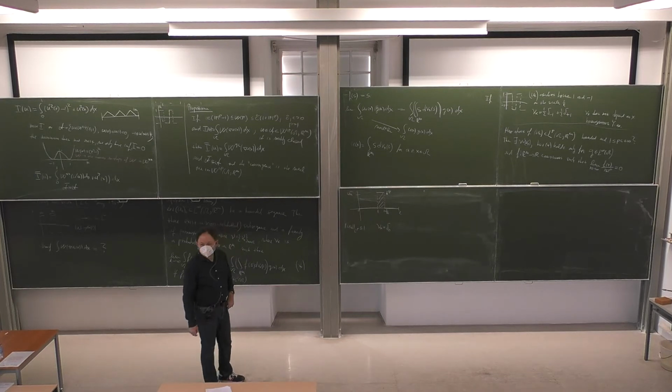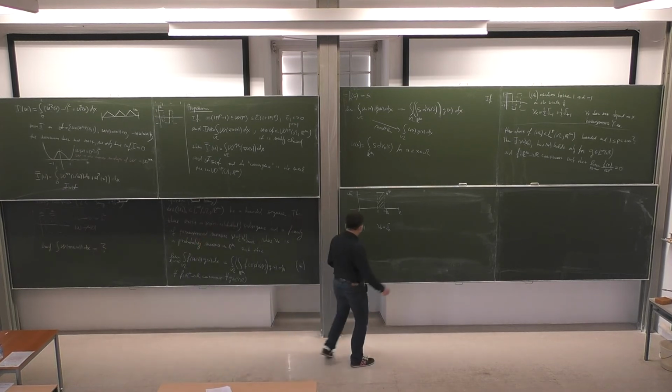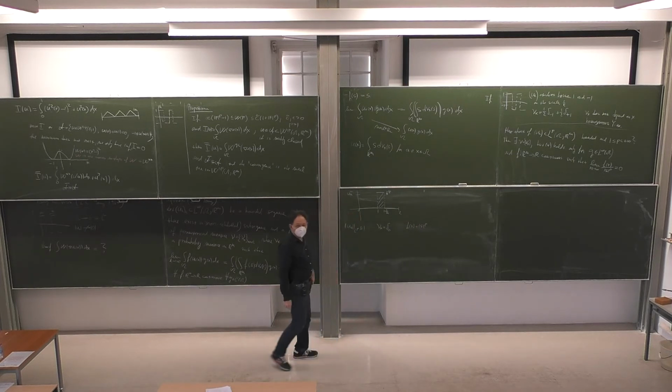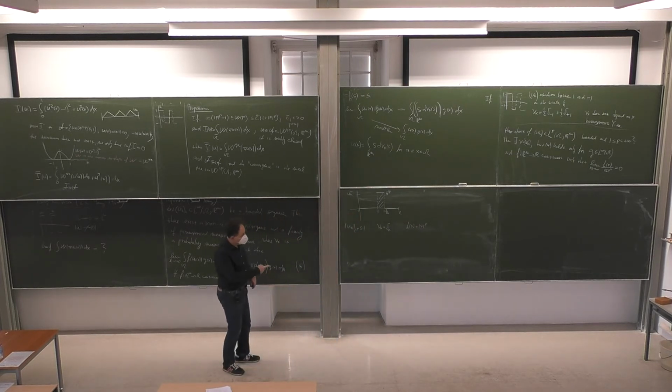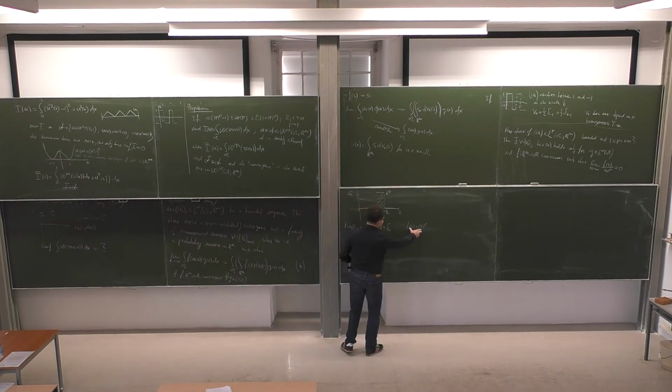No? Is it believable? But then, if I plug in my f of s equals s to the power p, if I would take the L^p norm to the power p, then the star doesn't hold, because the left-hand side is 1, and the right-hand side, if you evaluate this function at Dirac at 0, you get 0.